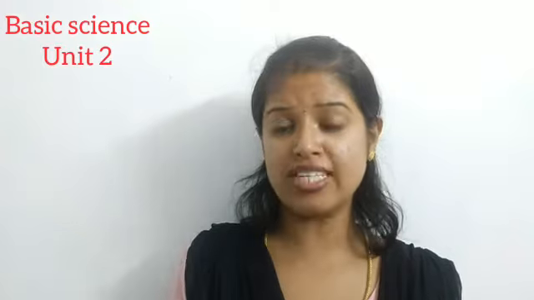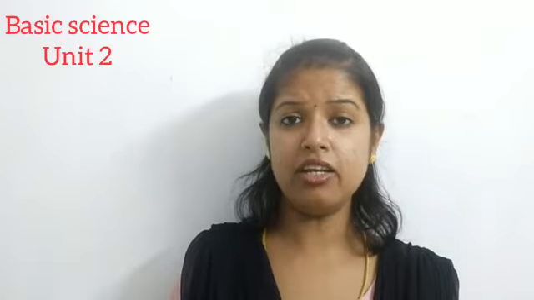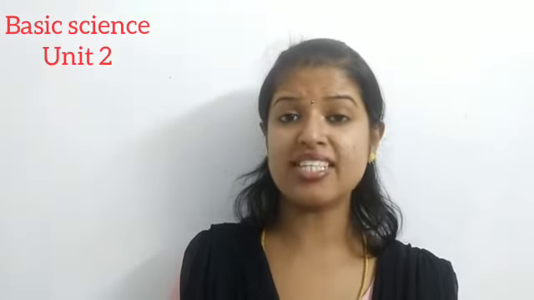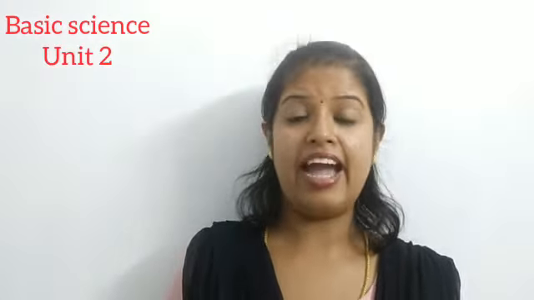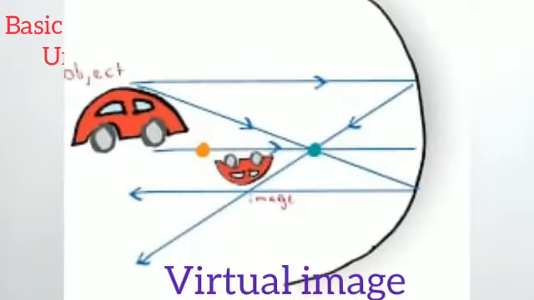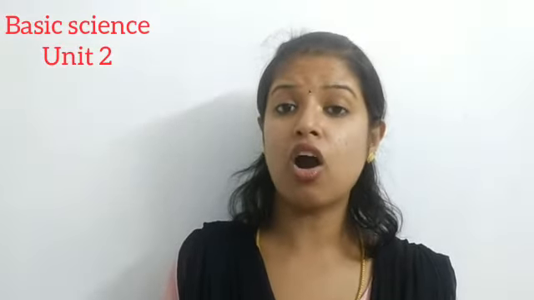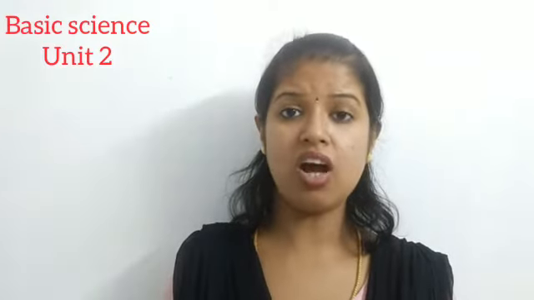If the wall or anything is the screen, it can be seen clearly. So that is called real image. And next picture is virtual image, where you cannot see the image. If you keep the object in front of that mirror at some distance, you cannot see that image on the screen. It will not get caught on the screen. So that is called virtual image.